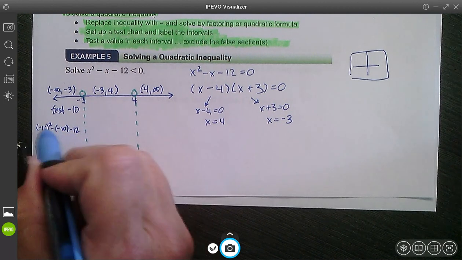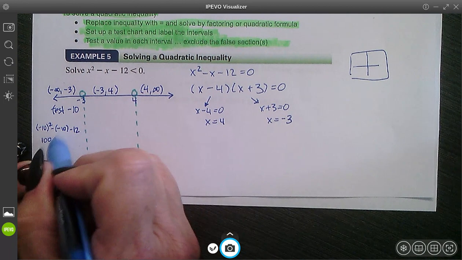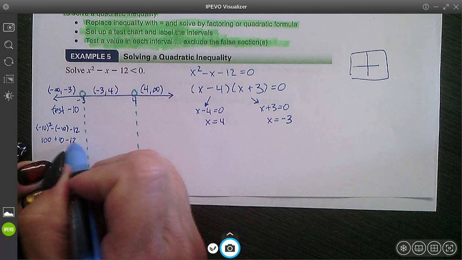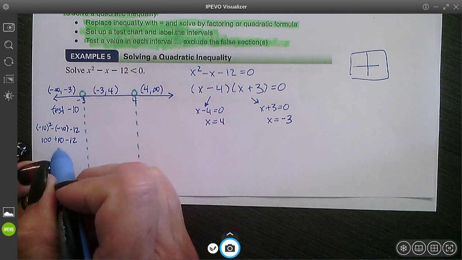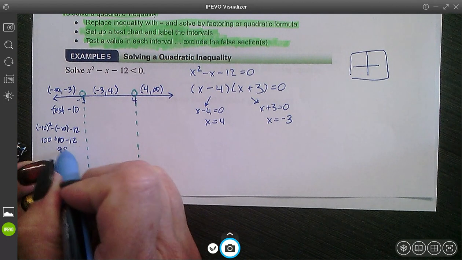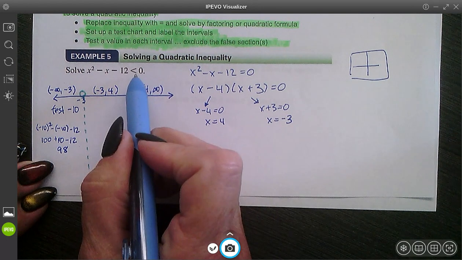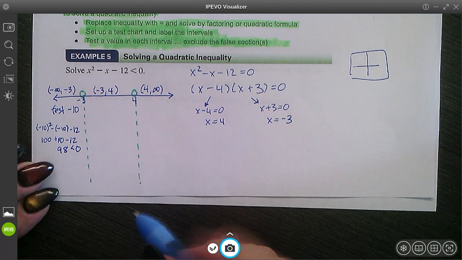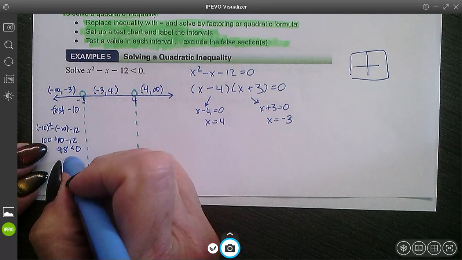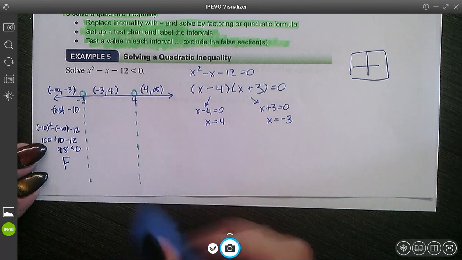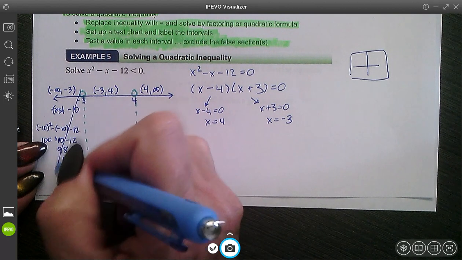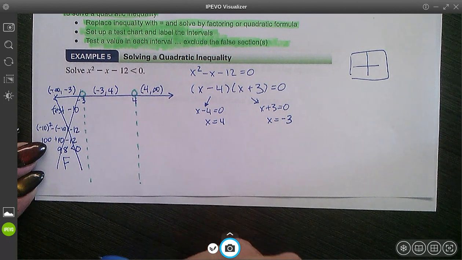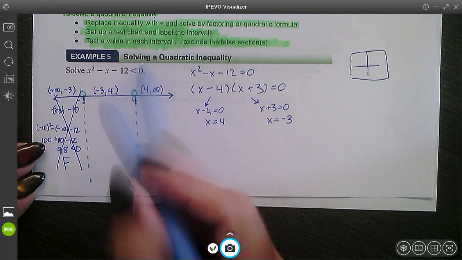When I work through that, that's 100 plus 10 minus 12, which comes out to be 98. So the question is, is this less than 0? 98 is not less than 0, so this is false. So I'm going to exclude this section. It's not going to be a part of the solution to that inequality.